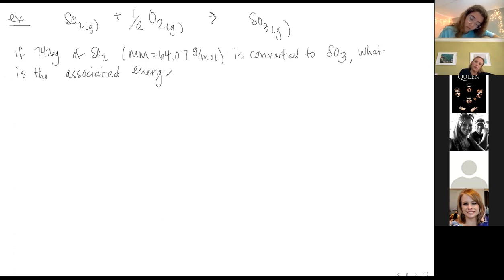Referring to heat energy. If 74.6 grams of SO2 with a molar mass of 64.07 grams per mole is converted to SO3, what is the associated energy? Parentheses, heat energy.